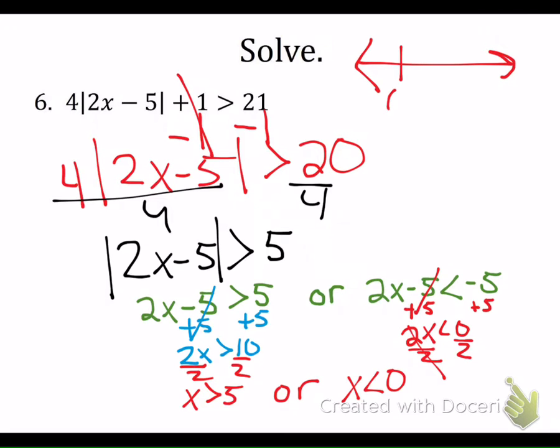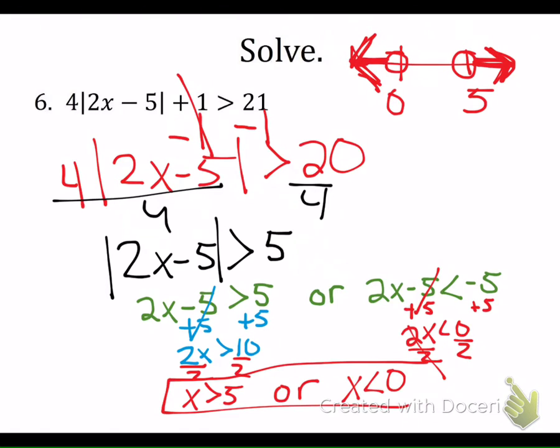So I have a 0 and a graph that's going to the left. I have 5 and a graph that's going to the right. Is it okay to have an or that's facing opposite directions? Yeah, so this is my solution. That x is greater than 5 or x is less than 0.